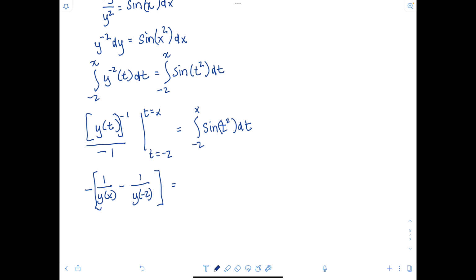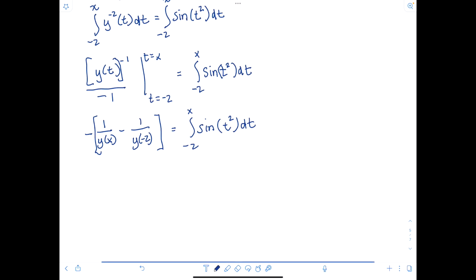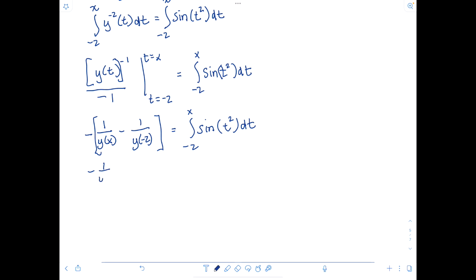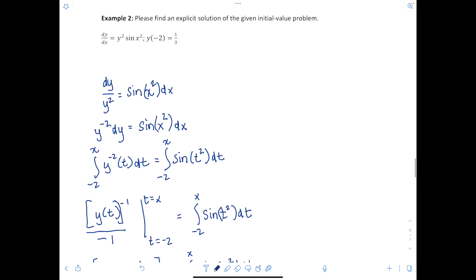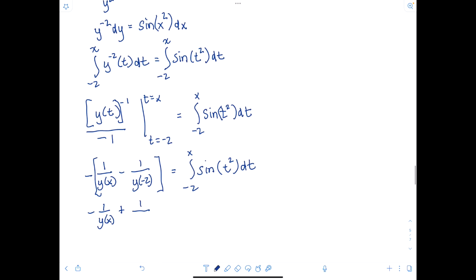That's going to equal the integral from negative 2 to x of sine at quantity t squared dt. All right, so now working on this, we will have negative 1 over y at x plus 1 over y at negative 2, which from our initial value statement was 1/3.